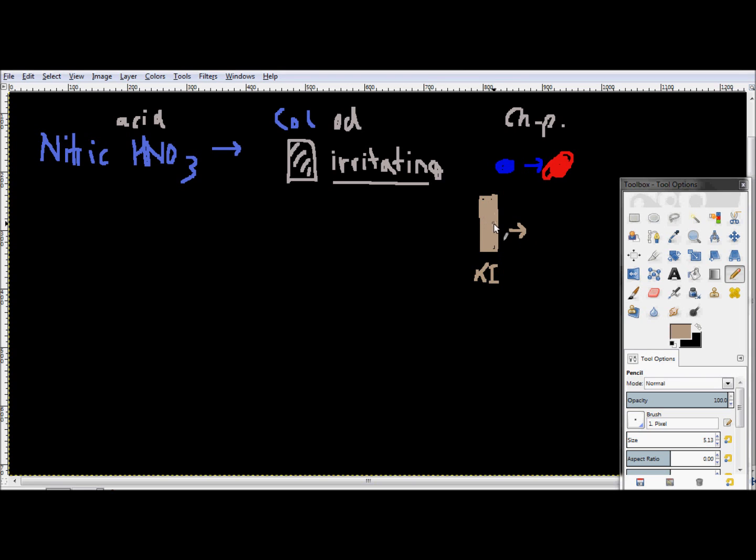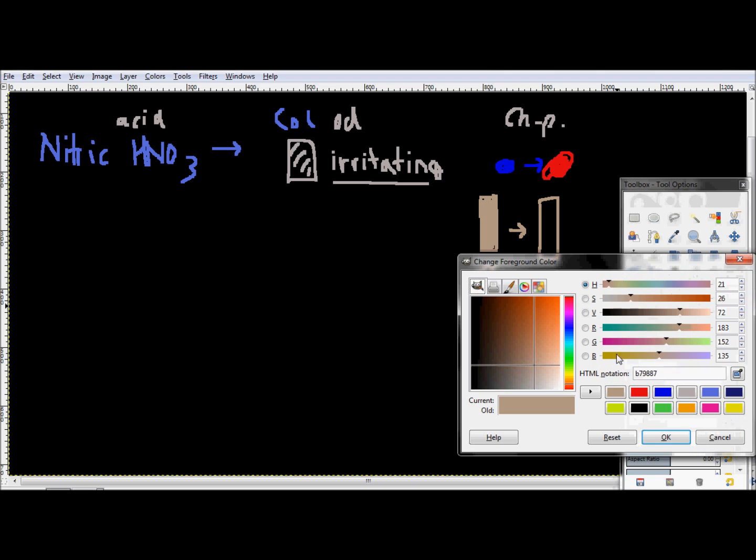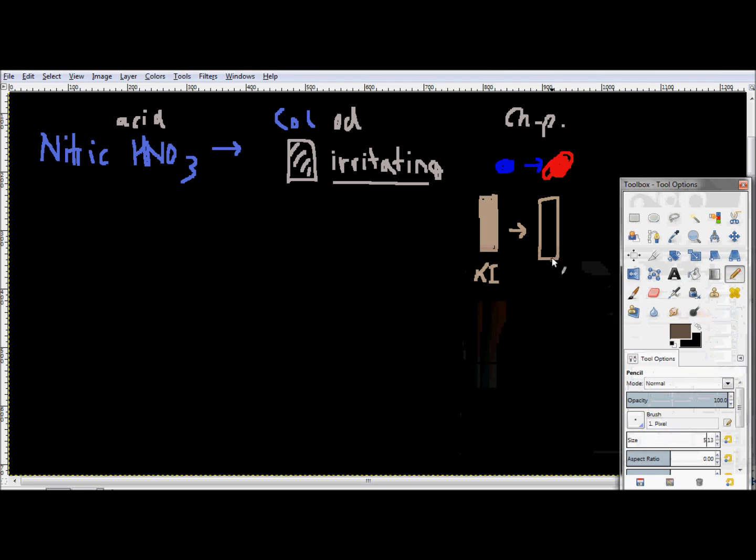Well, actually it's pretty brown already, but it's just going to turn even more brown, say a darker shade like this. Something like this. So that's it there. This is all for HNO3. The only unique things about this is it is not odorless, and the KI paper bit, so remember this for sure.